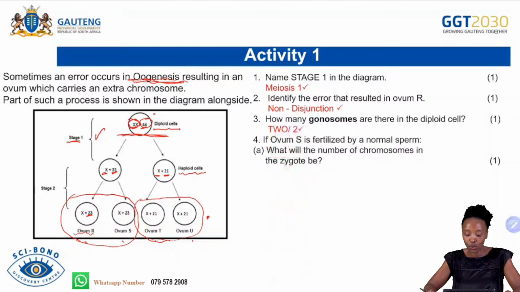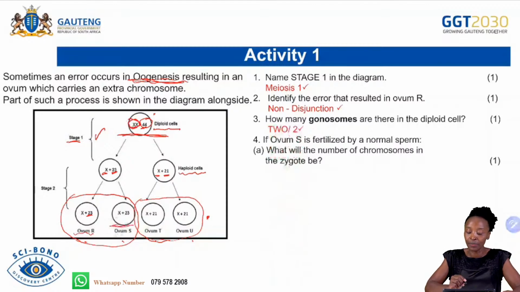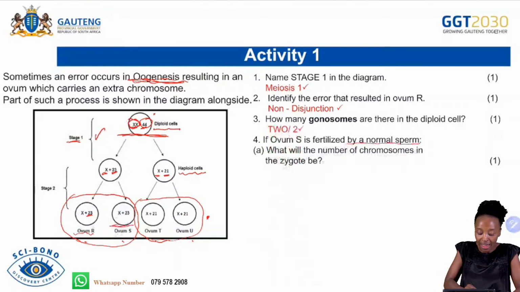And then the next question says, if ovum S, which is this one that has 23 plus X, so it has 24 chromosomes in other words, is fertilized by a normal sperm, what will be the number of chromosomes in the zygote B? So ovum S has 24.